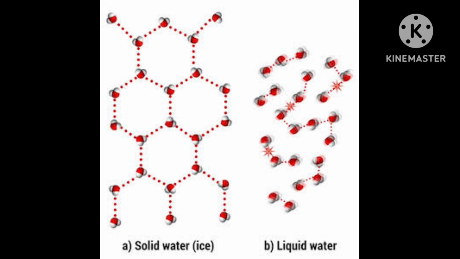In vapor form, not all hydrogen bonds will break. Somewhere it will break and it will go to the atmosphere, but it will not be fully separated.